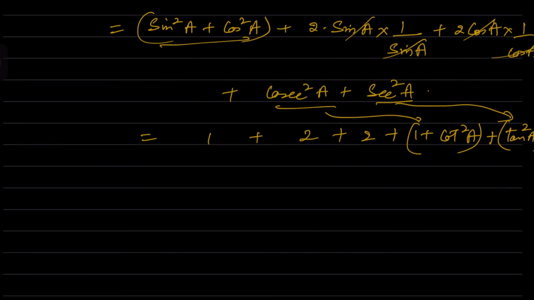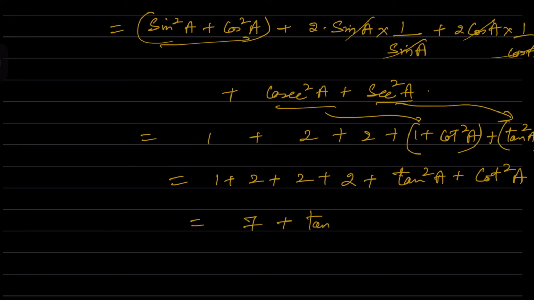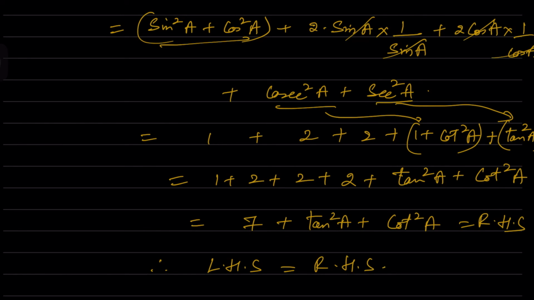So therefore you are getting here it's equal to 1 plus 2 plus 2 plus, here again you are having 2 plus tan square A plus cot square A, which is equal to 7 plus tan square A plus cot square A, which is equal to RHS. Therefore LHS is equal to RHS.